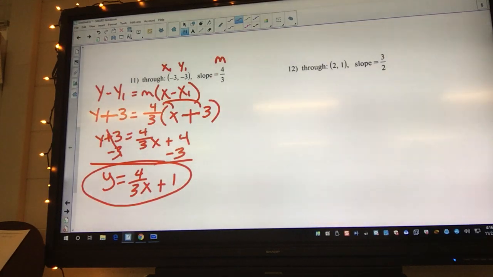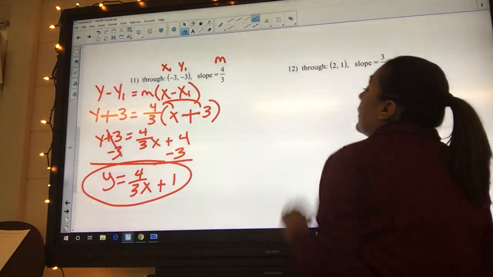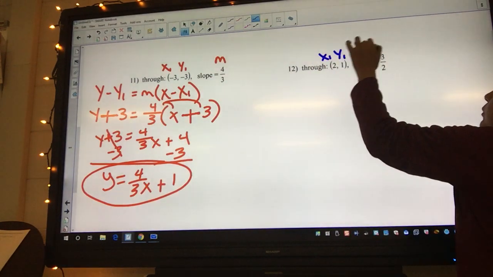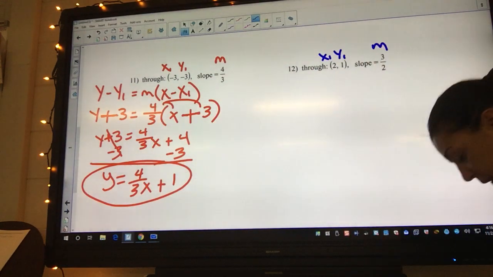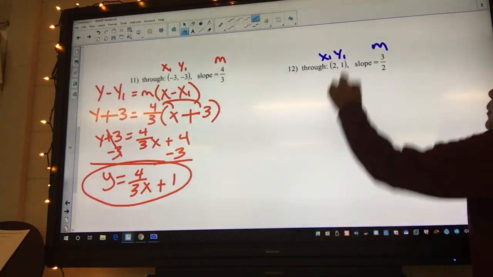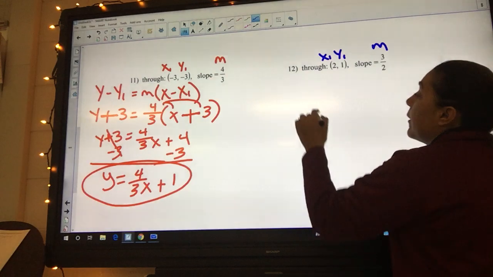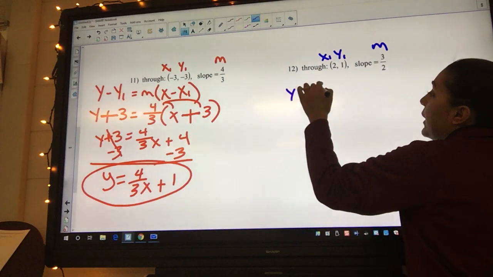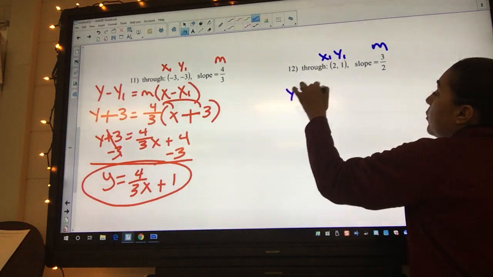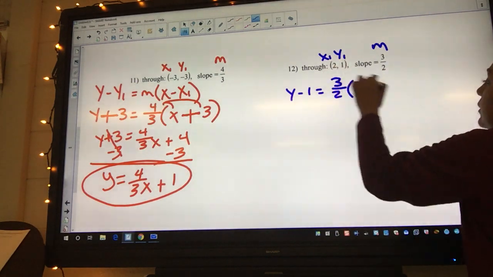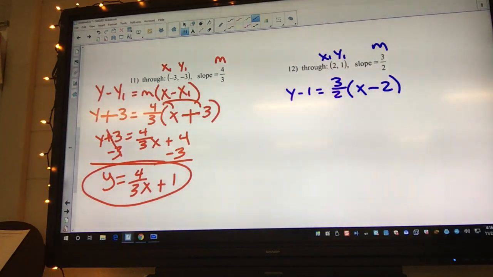Number 12. We're going to label x sub 1, y sub 1, and we got m. We got a point and a slope, so we're going to use point slope. So it's going to be y minus y1, which is 1, my slope is 3 over 2, x minus x1, which is 2. I'm well aware I skipped some steps on that one.